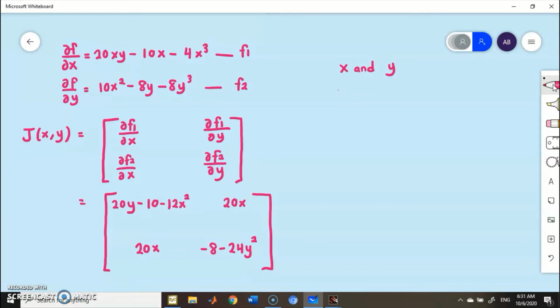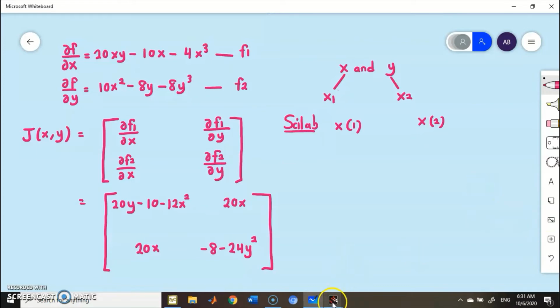For simplicity, I'm going to denote them as x1 and x2. In Scilab, my x1 notation becomes x bracket 1 and my x2 notation becomes x bracket 2. Similarly for the Jacobian, y becomes x bracket 2 and x becomes x bracket 1.